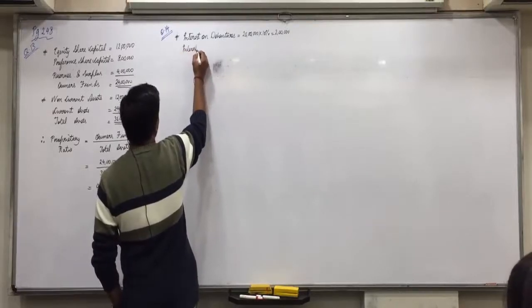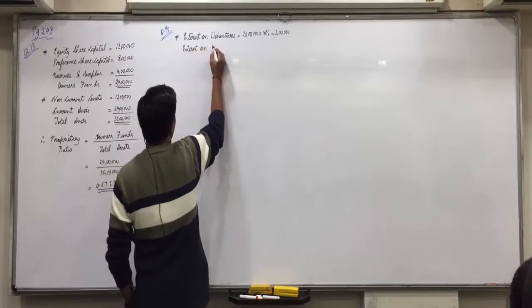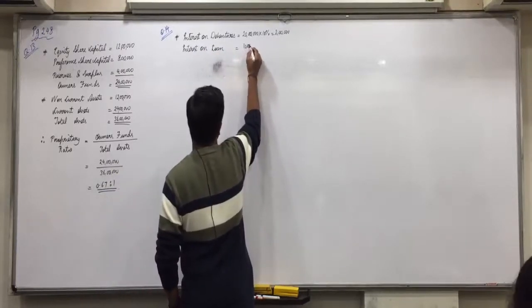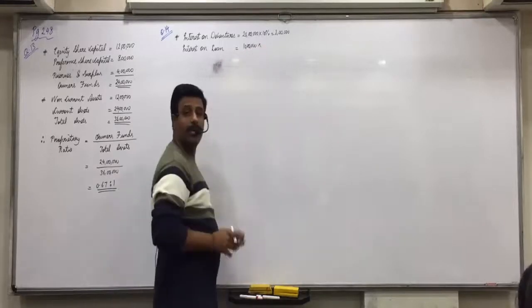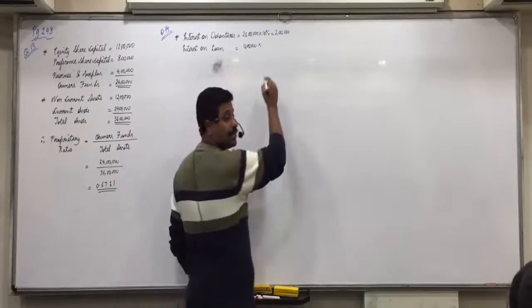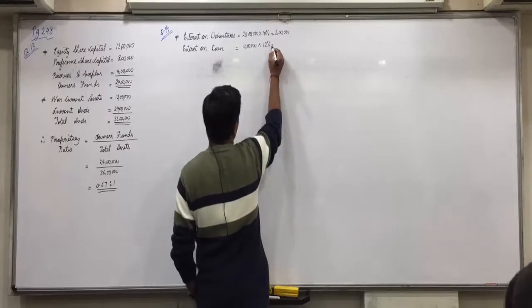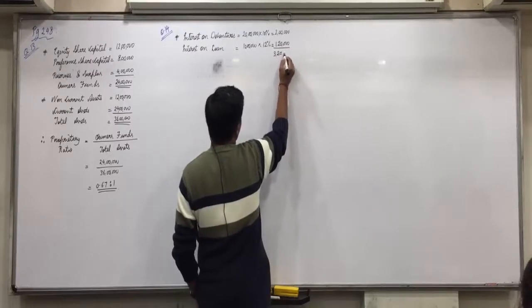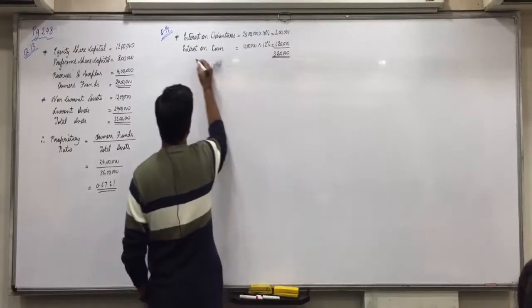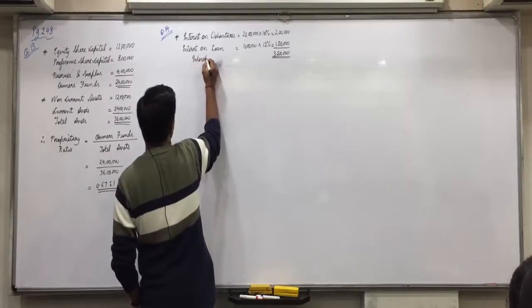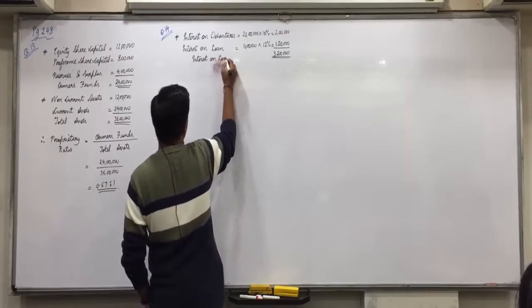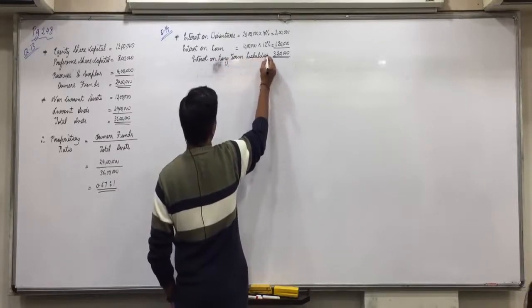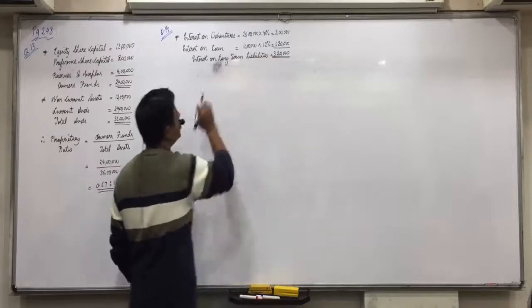Interest on loan is equal to 10 lakhs into 12%, 1,20,000. So 3,20,000 is interest on long-term liabilities. Any confusion in this?